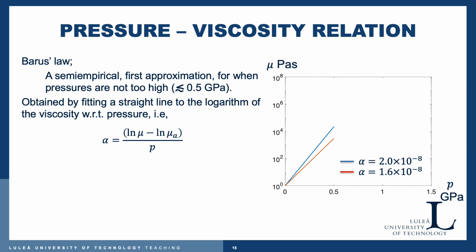And that also means, if we look at the diagram, a semi-log y diagram, where we have on the x-axis a linear scale for pressure from 0 to 1 gigapascal here, but if we then restrict this model to be valid in the region up to 0.5 gigapascal, we can draw linear relationships between the pressure and the logarithm of the dynamic viscosity in pascal seconds, plotted on the y-axis.